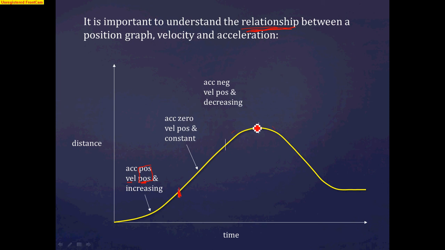If the slopes are decreasing, the second derivative will be negative. And at the turning point, the instantaneous horizontal tangent means the slope is 0, and if the velocity is 0, so is acceleration.